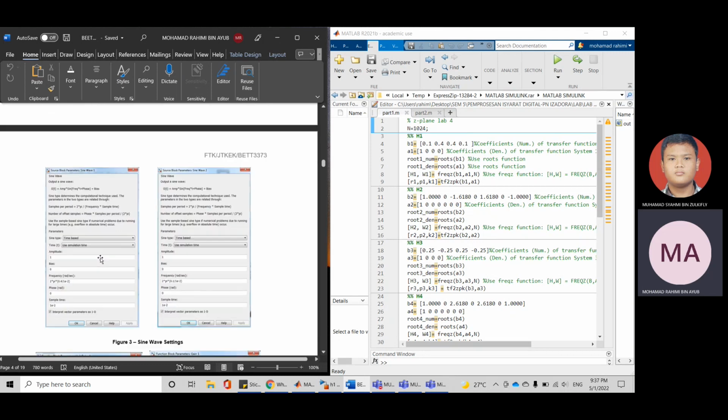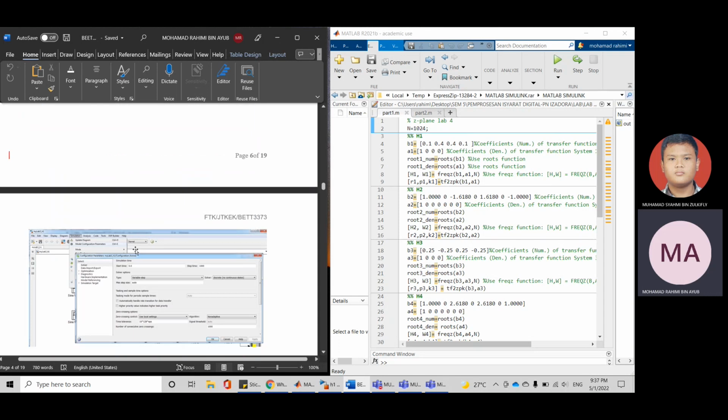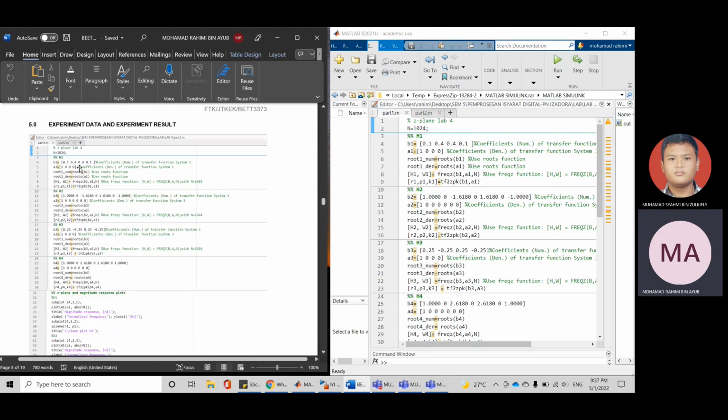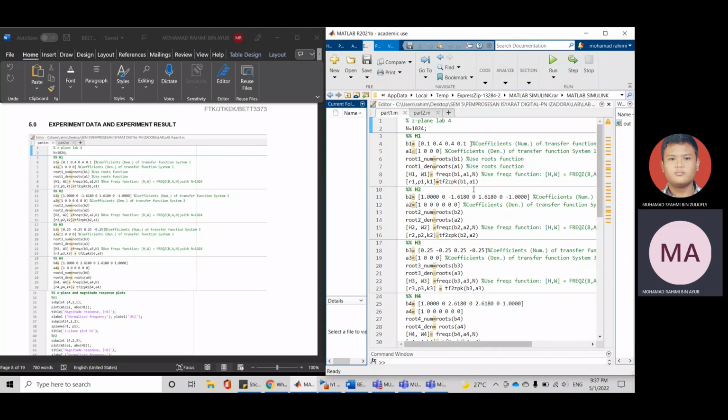Okay, this is for the Simulink, I will show later. Okay, this is for A. Here we just refer to the code for Lab number 2, which is the Z transform.